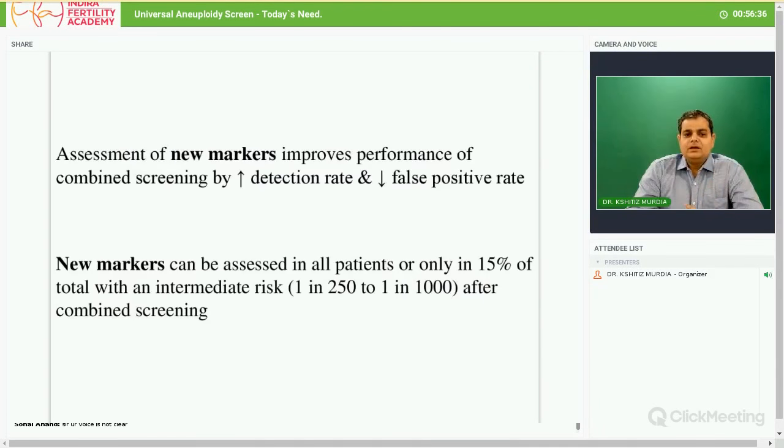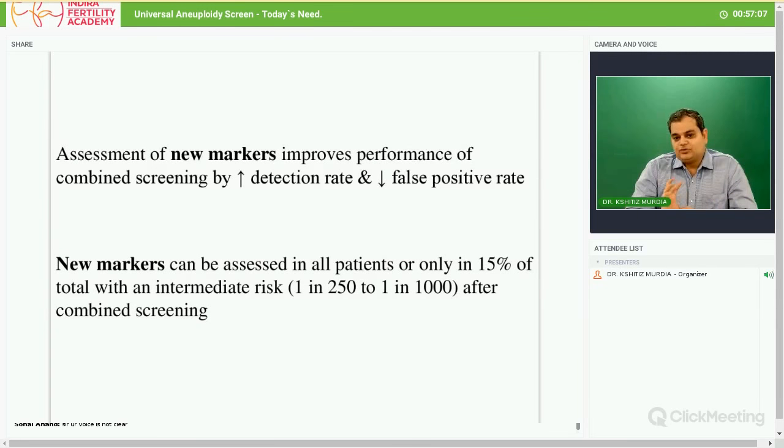As we have discussed, the assessment of these markers increases the performance of our screening test, and it ends up increasing the detection rate and decreasing the false positive rate. There are two schools of thought on how to assess these new markers. Either, if you are skillful, you can assess them in one go, which is pretty good.